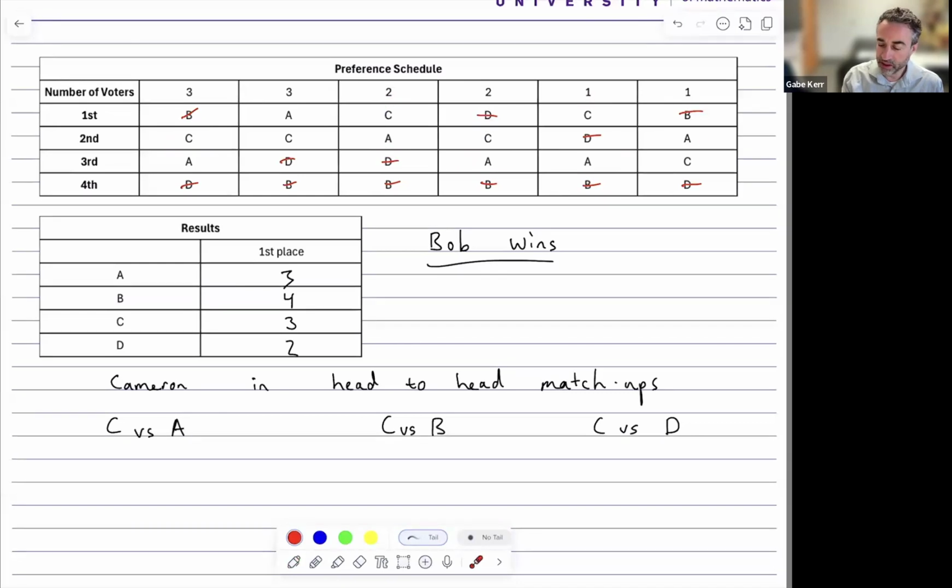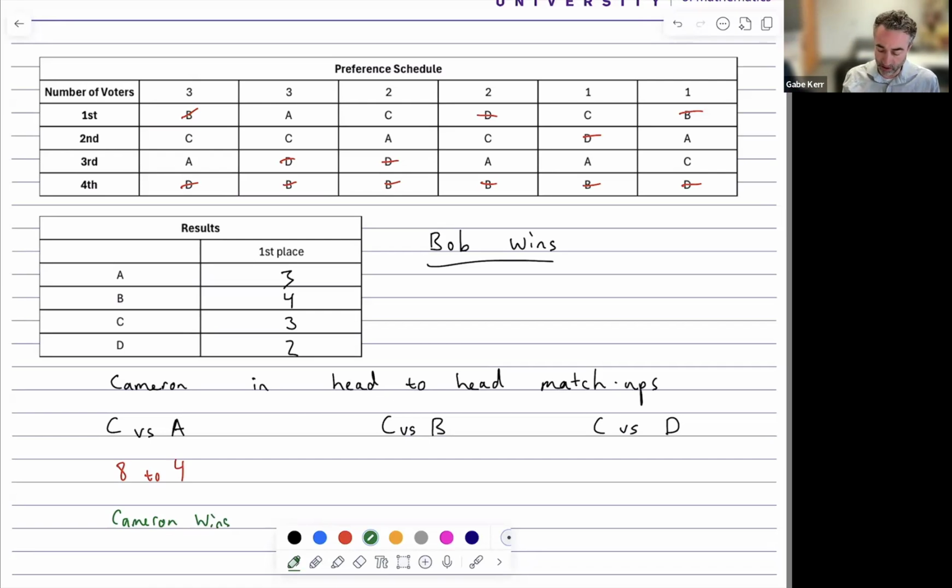The only places where Amanda wins are this preference schedule and this one, so there are 3 and 4. Amanda gets 4, and Cameron would get the remaining 8. So it's 8-4 in favor of Cameron. In that head-to-head matchup, Cameron is winning versus Amanda.